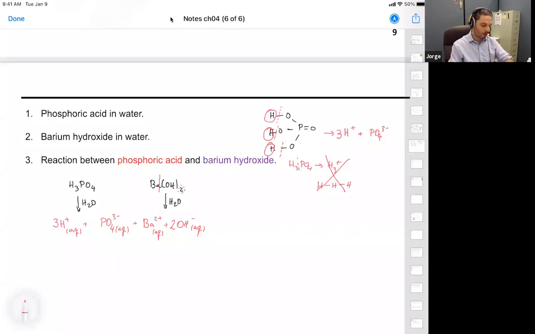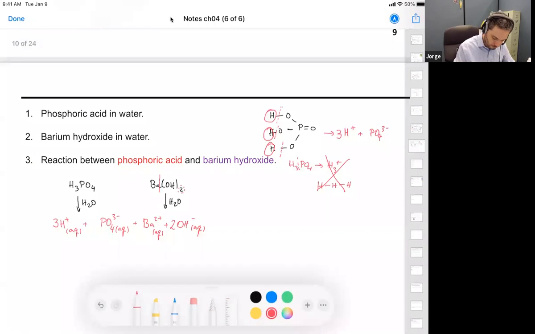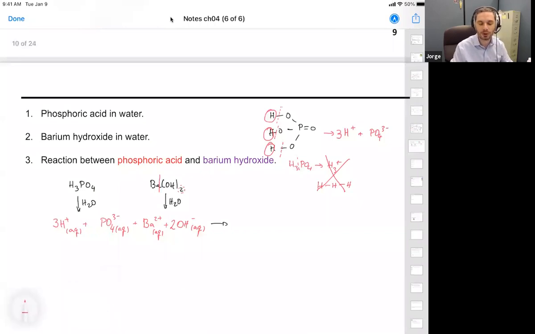For the overall ionic equation, you must indicate the physical state, always. Now that we know all the ions that are in solution, we start combining positive with negative.